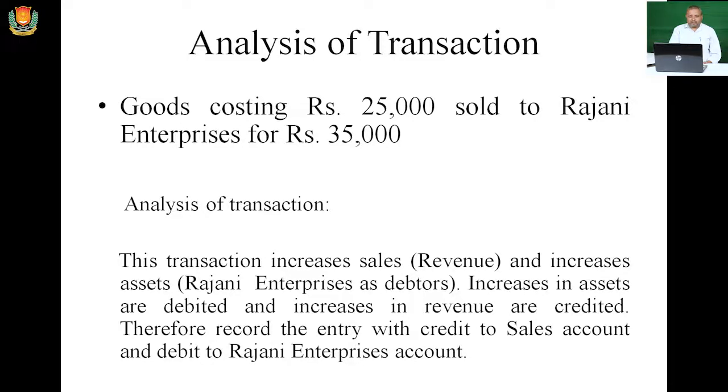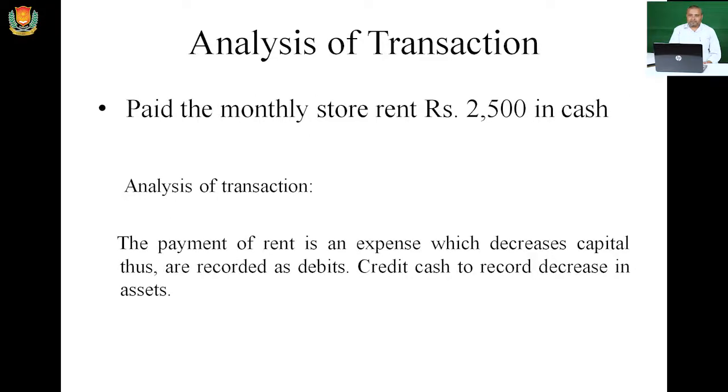In the last we have taken an example of expenditure, which is paid the monthly store rent rupees 2,500 in cash. The payment of rent is an expense which decreases capital, thus are recorded as debits. So credit cash to record decrease in asset. Paid monthly store rent.